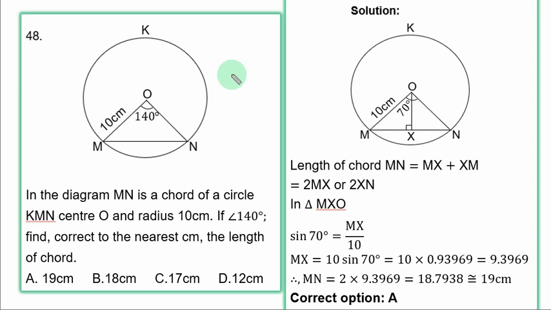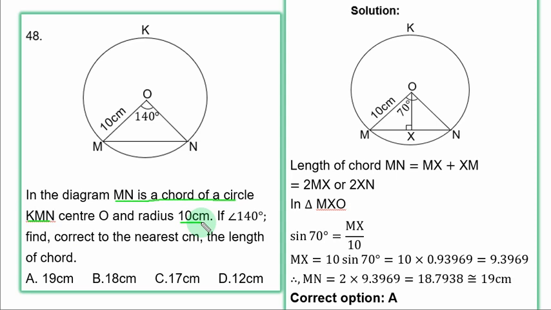Question 48. In the diagram, MN is a chord of a circle KMN. Center O and radius is 10 cm.